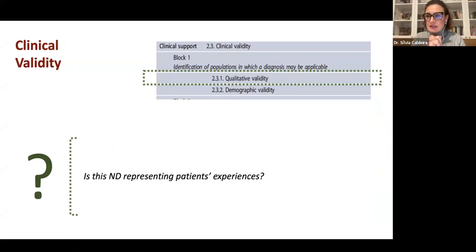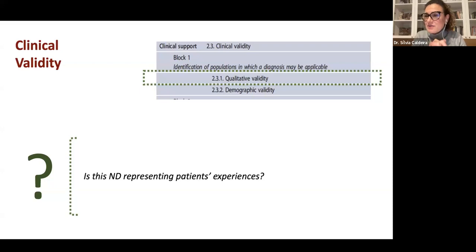So in block 1, we are looking in the clinical context: is this nursing diagnosis representing patients' experiences? And I smile, because this is the qualitative part of the nursing diagnosis validation. It's not very frequent to find research on nursing diagnosis from a qualitative point of view. But think, if a nursing diagnosis is a human response, probably this is a very interesting method and strategy to get human responses from the patient's or the population's voice.